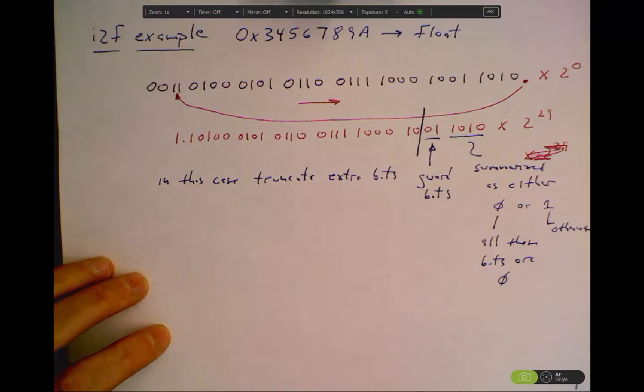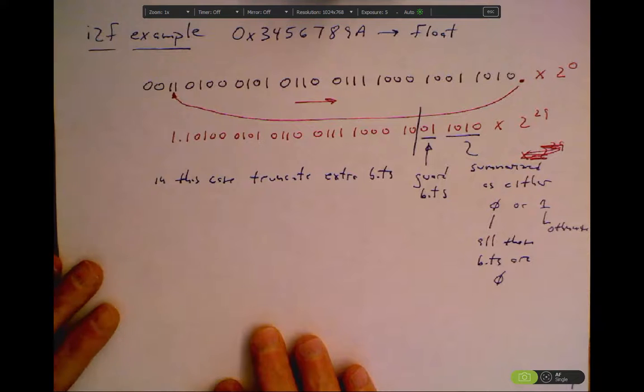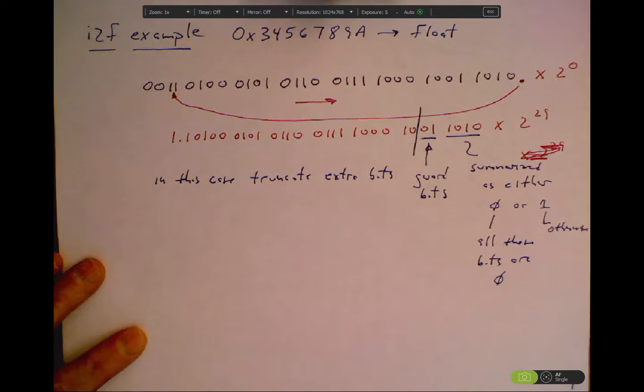And if it was 5, then there were various ways to do it. As we'll see, the hardware, in this case the IEEE specification, has a setting called round to even, which says that if you are in the middle, then you will round the last bit, sometimes down, sometimes up. And we'll talk about that more in a minute. Let's go ahead and finish this example, however.